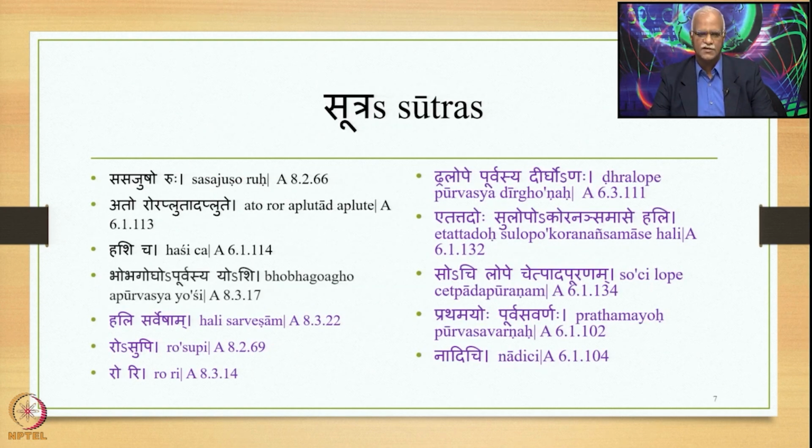These are the sutras dealing with the Swadi Sandhi: Sasajushoruhu, Atorora Plutada Plute, and Hashicha. This we had seen before. In the previous lecture, we also saw Bhobhaghogo Apurvasya Yoshi and part of Hali Sarvesham, and we also looked at a part of Bhobhaghogo Apurvasya Yoshi.